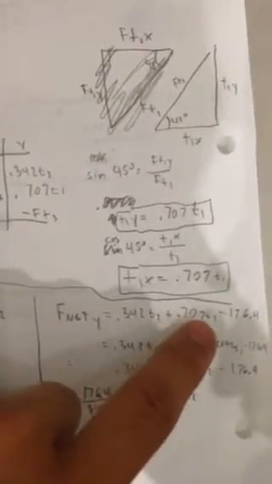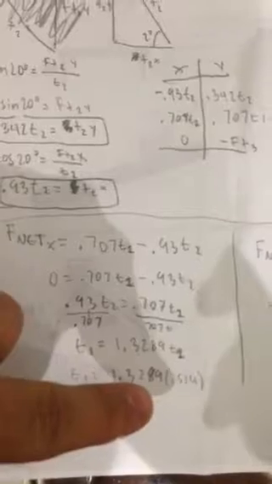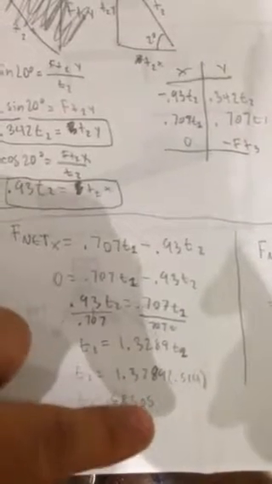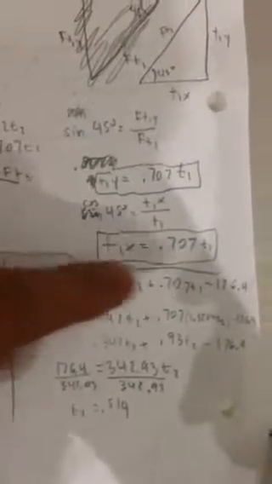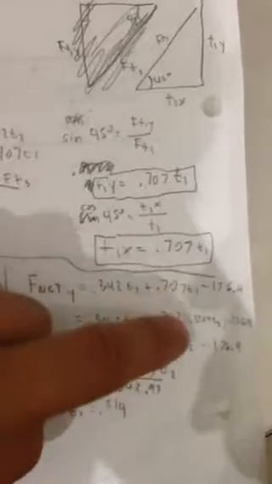Now that we have the T1 value, which in this case is 1.3281, no, I mean 1.3289, just replace the variable, which is this.